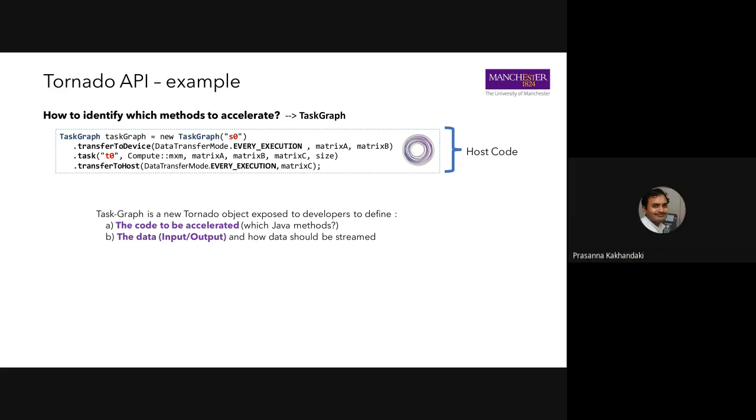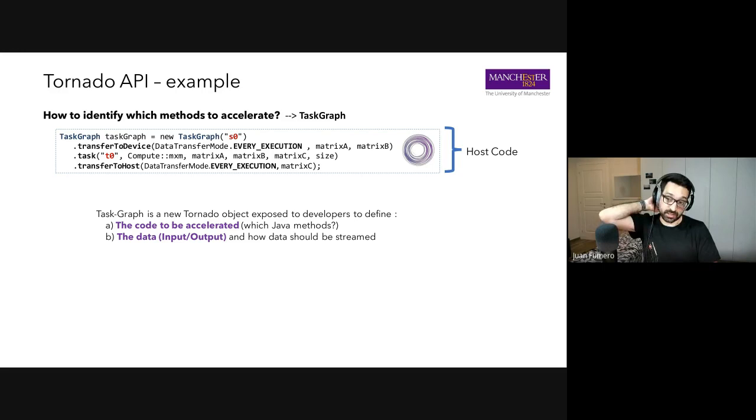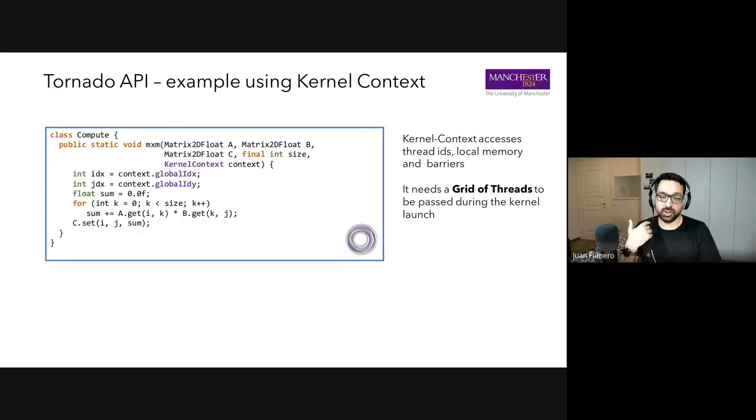Yeah, the CuPy or GPU array, or how do you say it? Yes, so you can use standard Java arrays like int array, float array, and so on. Or you can also use the types that Tornado offers. In this case, it's Matrix2DFloat, for example.